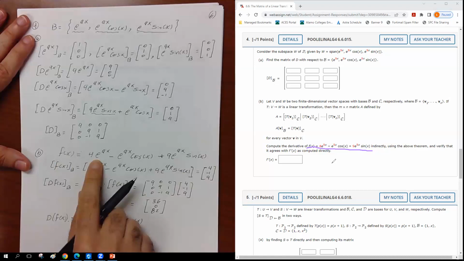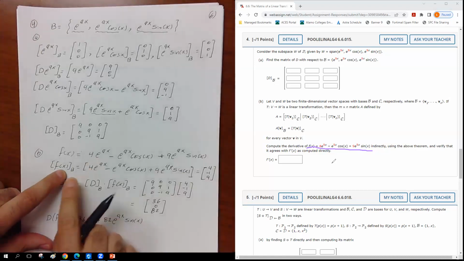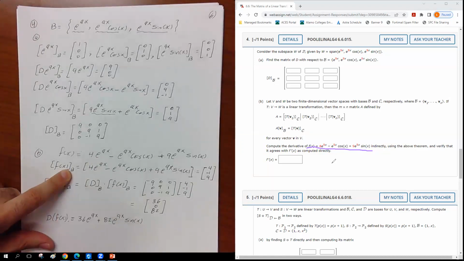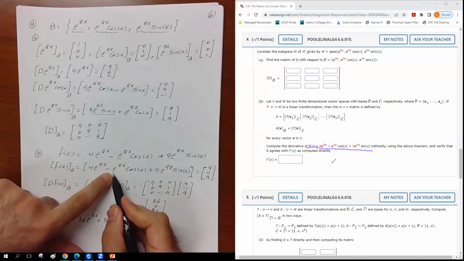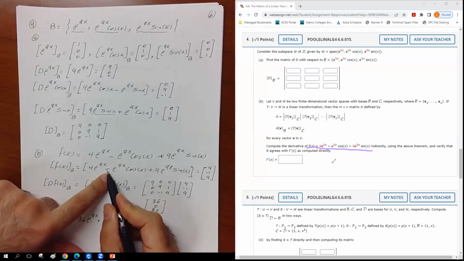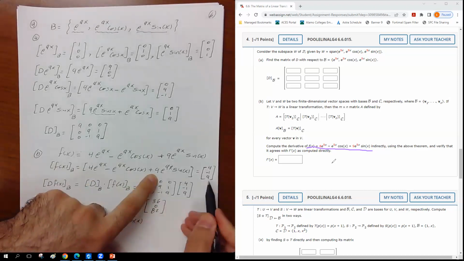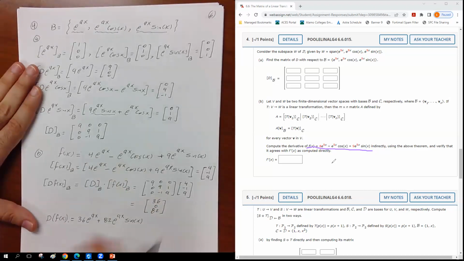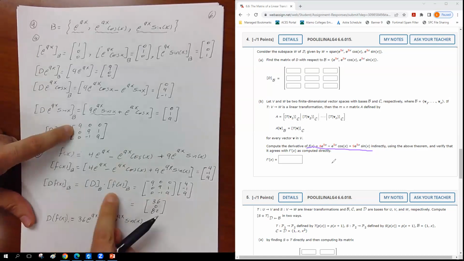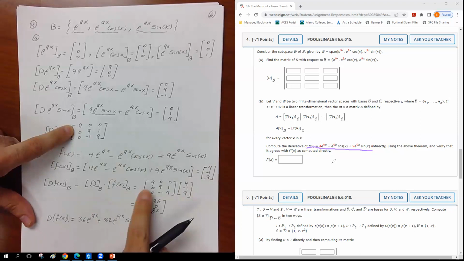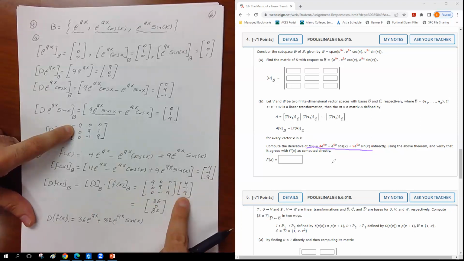So f of x with respect to the base B is going to be, here is the same function, that means it's going to be 4 as the first constant, the second one is going to be -1, and the third one is going to be 9. The derivative of our function is going to be the matrix D times this one, so it's going to be 36, 0, 82.